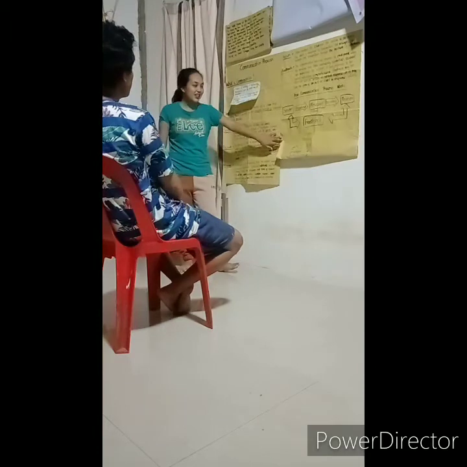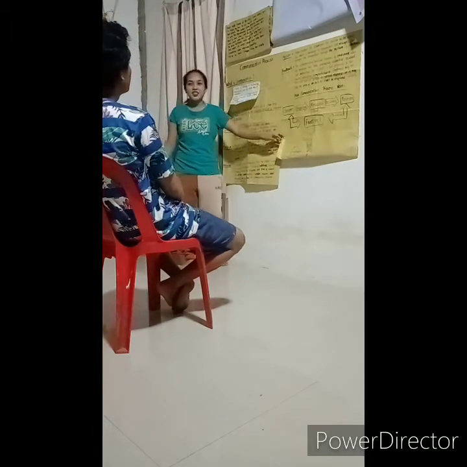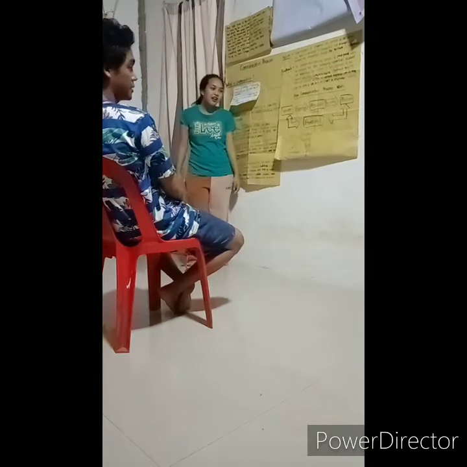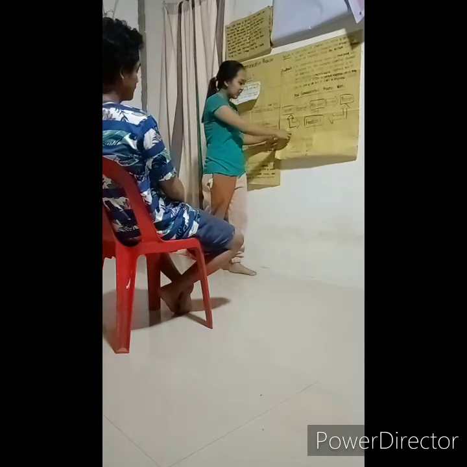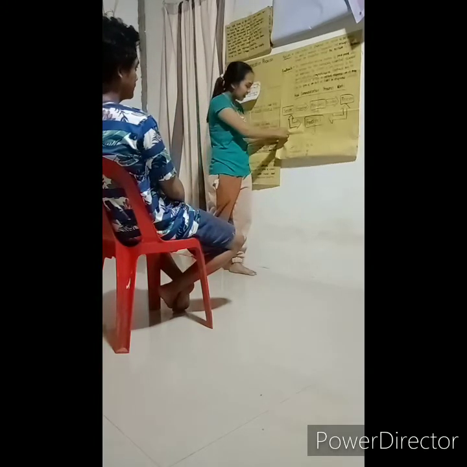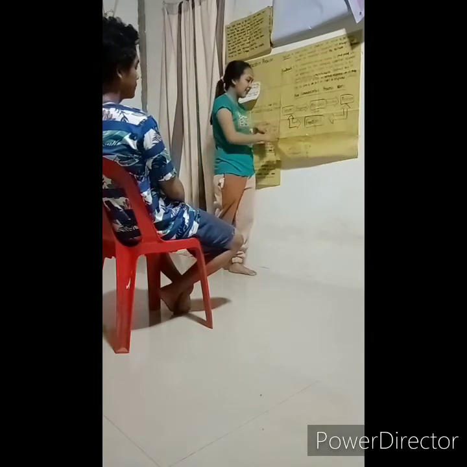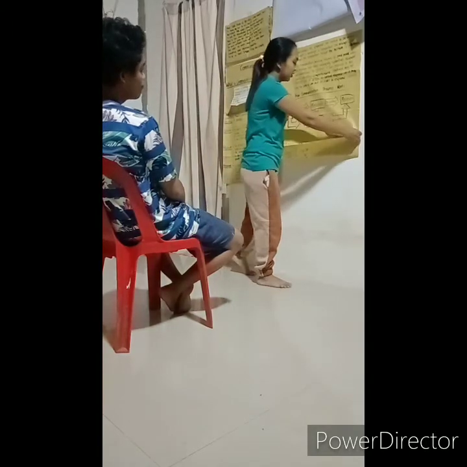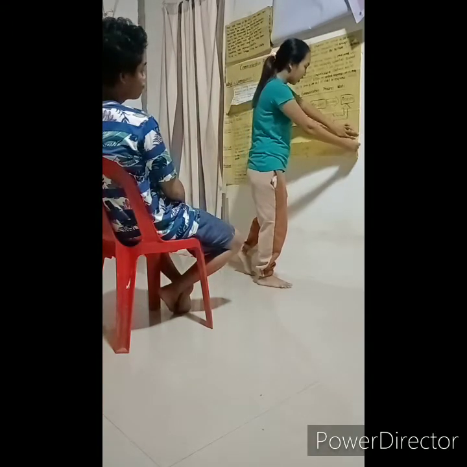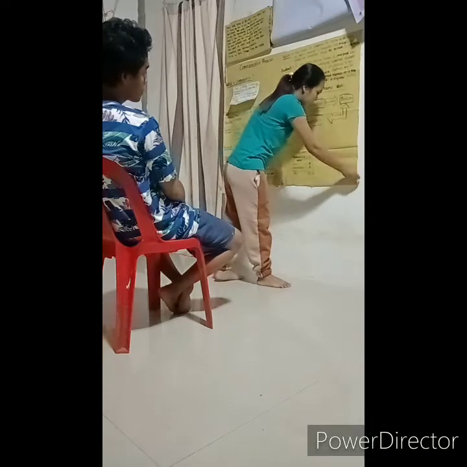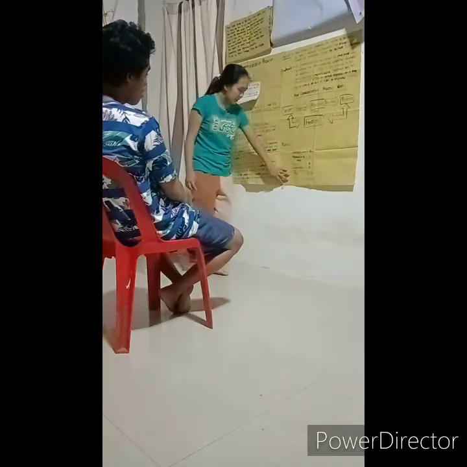Okay. So, any additional information or questions? None, ma'am. I understand. Okay, so I make sure that we understood my topic. So let's proceed to a short activity. So here's the rubrics.